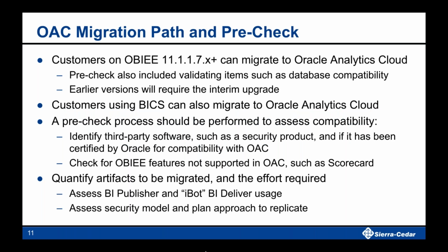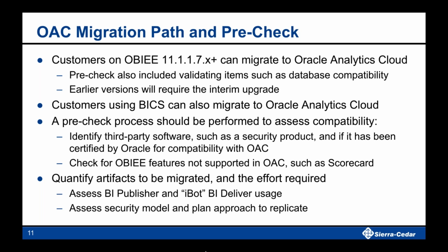Customers on OBIEE 11.1.1.7 and above can migrate to Oracle Analytics Cloud with a direct path. That means there is a migration utility that we can use on OBIEE 11.1.1.7, 11.1.1.8 or 9 to migrate your RPD, catalog and application roles to Oracle Analytics Cloud BI.